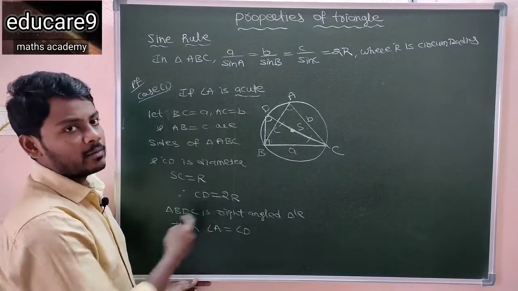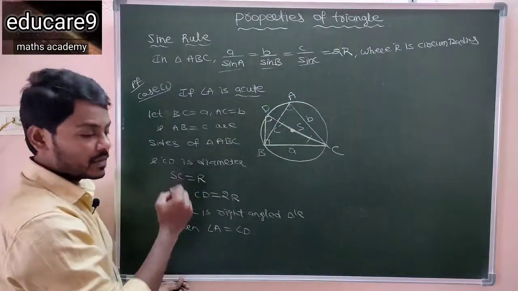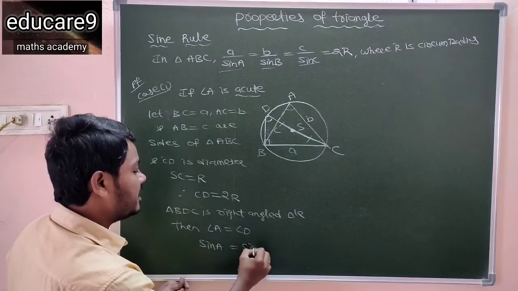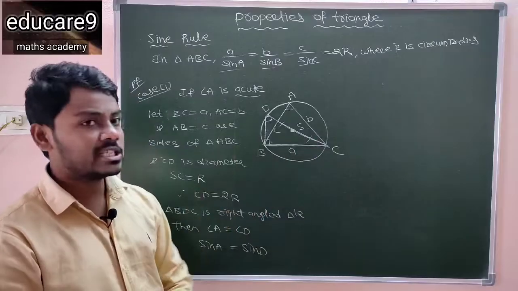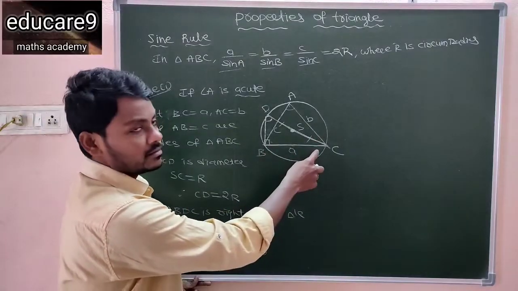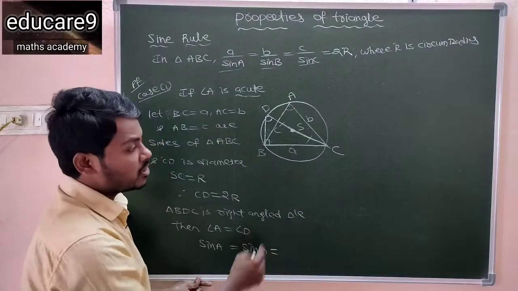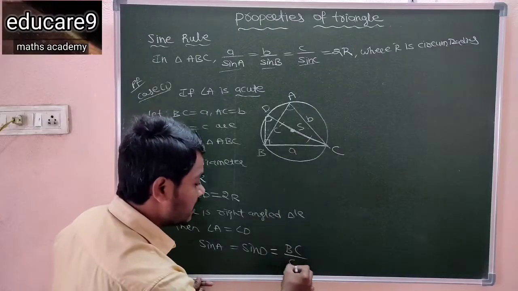Now apply sine on both sides, because this is in terms of sine only. So sine A is equal to sine D. Clearly from triangle BDC, what is sine D? Opposite side BC by hypotenuse CD. So sine D is equal to BC by CD.